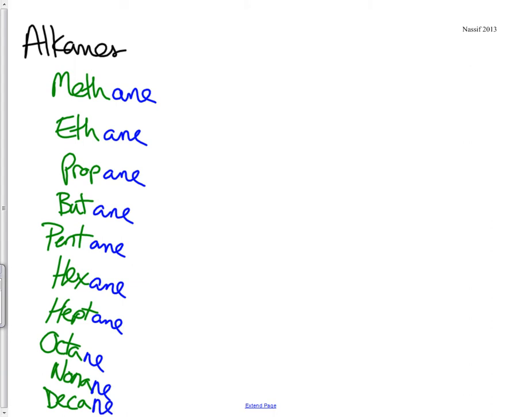Right? So, keep that in mind. What similarity do we see? Well, for our alkanes, we have this ane ending through all of the names.